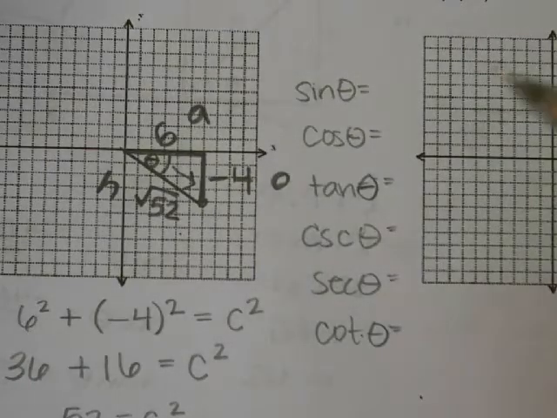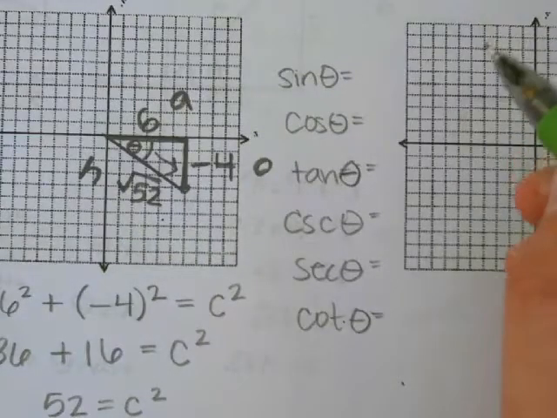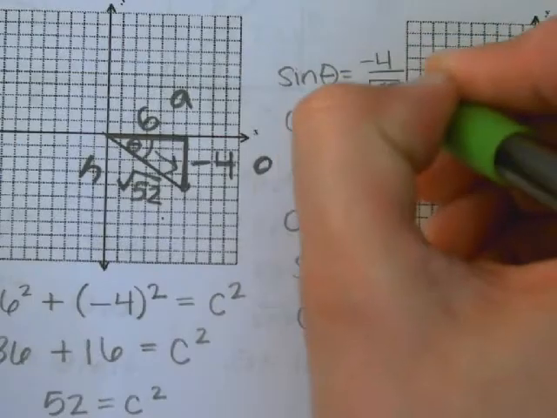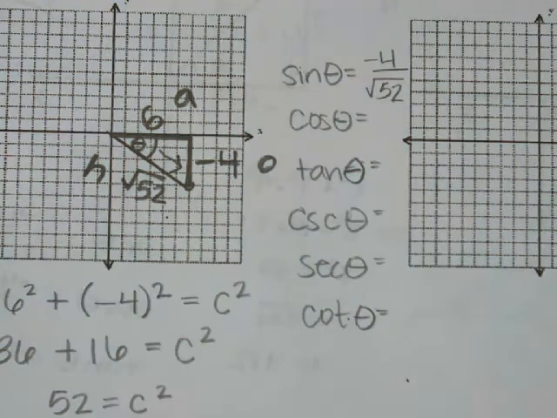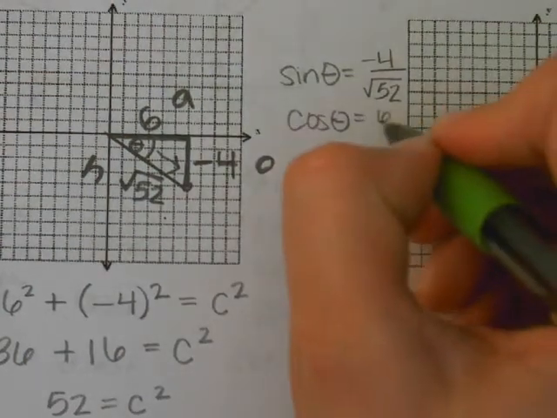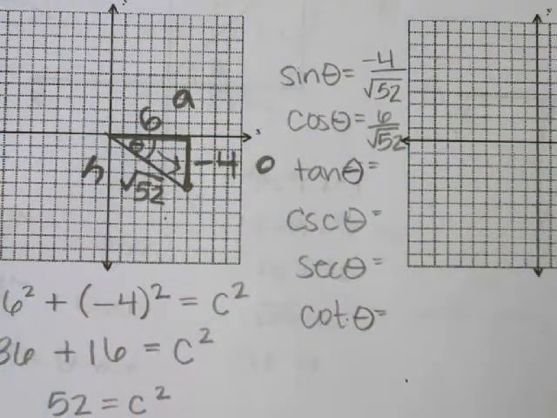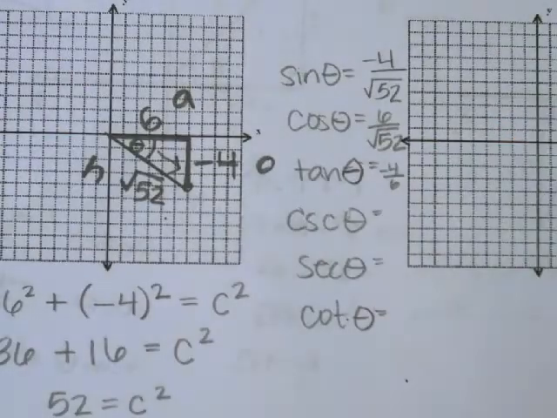All right. So sine, we got SOHCAHTOA. So what should sine be? Yep, negative 4 over square root 52. All right, what should cos be? 6 over square root 52. What should tan be? Yeah, negative 4 over 6. And what can we do with negative 4 over 6?